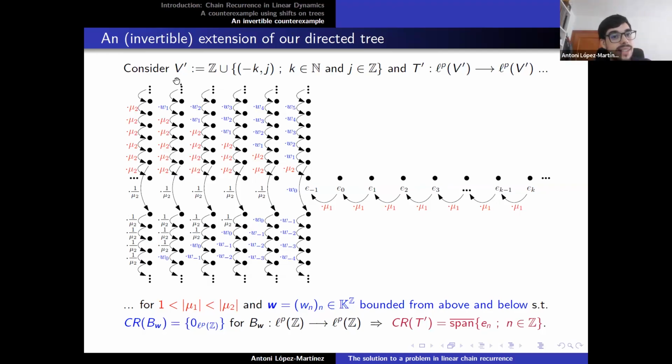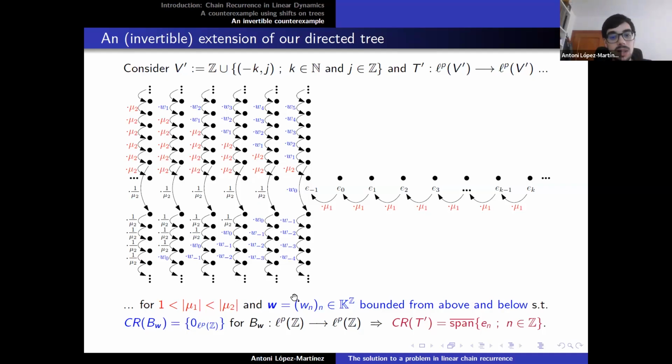And the idea is that this is going to serve as a counterexample as soon as we consider W, which are the weights that we have to put in the extra branches that we have added now, as a sequence bounded from above and bounded from below, such that the respective bilateral backward shift only has the 0 vector as chain recurrent vector.